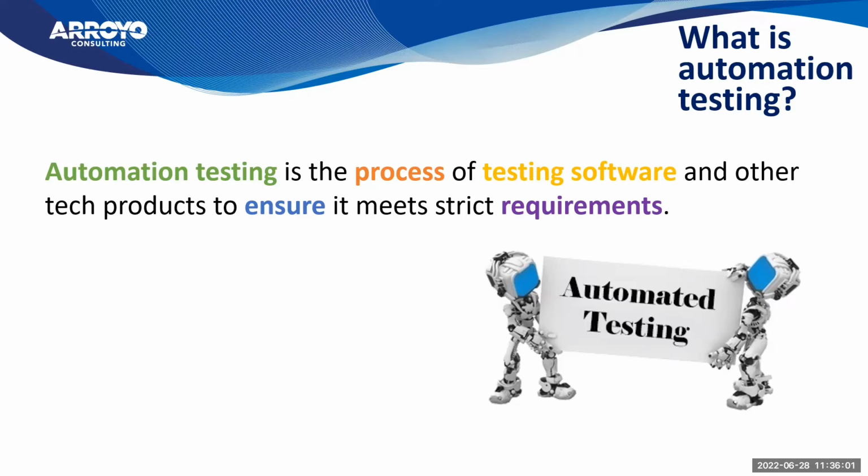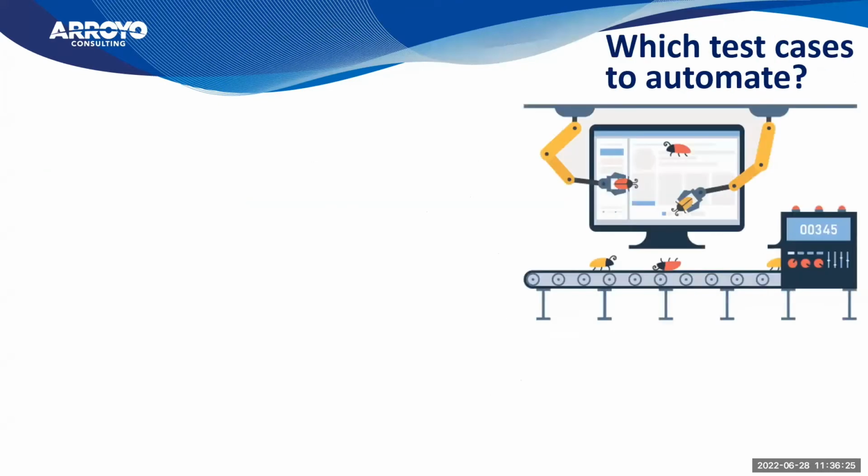Essentially it is a special double check that you have to do, because you are expecting a value, you are executing the process, and you are doing that comparison over the results that you expected. Which test cases should we automate?